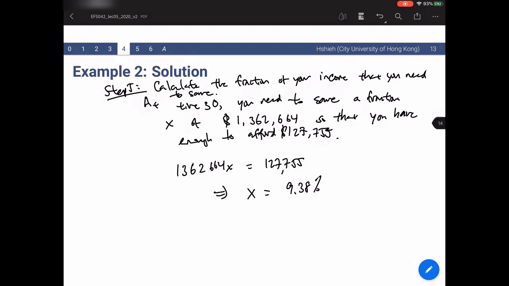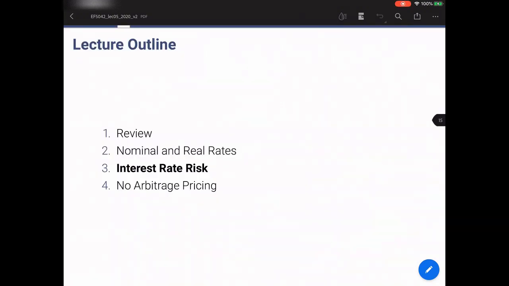The next topic of discussion is interest rate risk. In this class so far, we haven't really discussed or defined what risk actually is. So at this point in this course, I'm going to give you a more or less simplified definition of what risk really is. Something is inherently risky if it is correlated or associated with something that changes over time. As you can imagine, there are only precisely a few sources of risk in this world, and if you have a portfolio or an asset that's correlated with these sources of risk, then your asset or portfolio becomes risky.